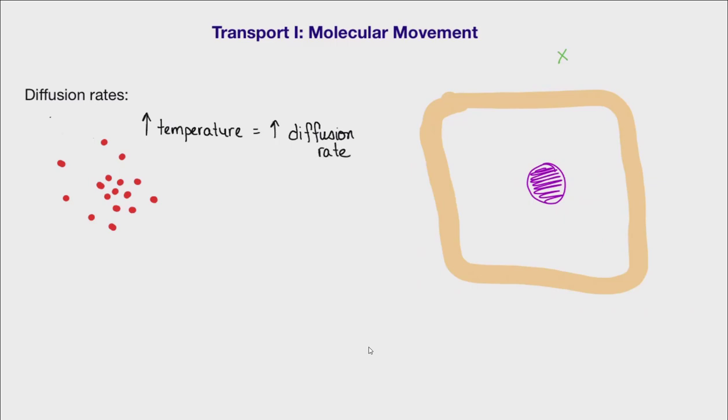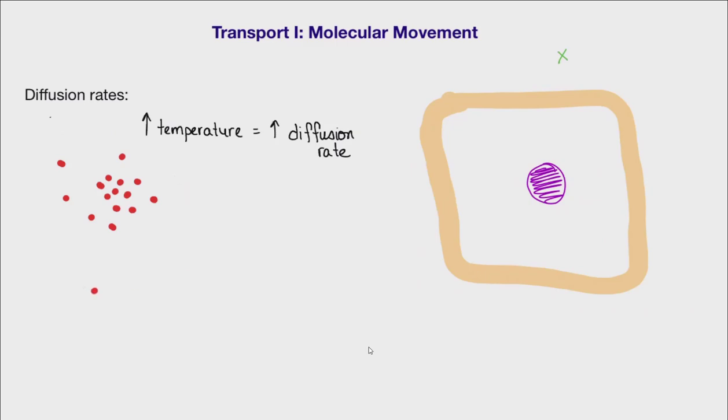So temperature can increase the diffusion rate. Another thing that affects how quickly molecules move is their size, or molecular weight. A small molecule will naturally move faster than a big, heavy molecule.